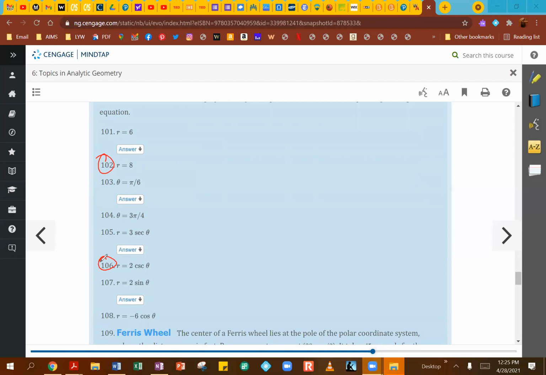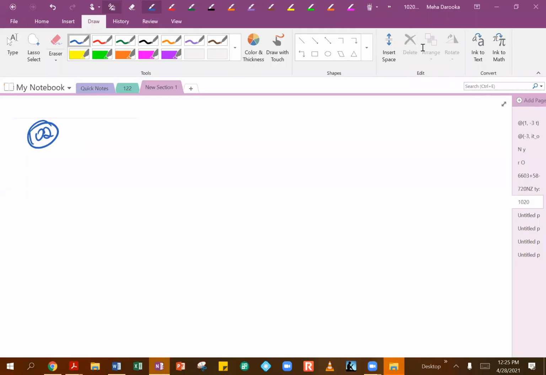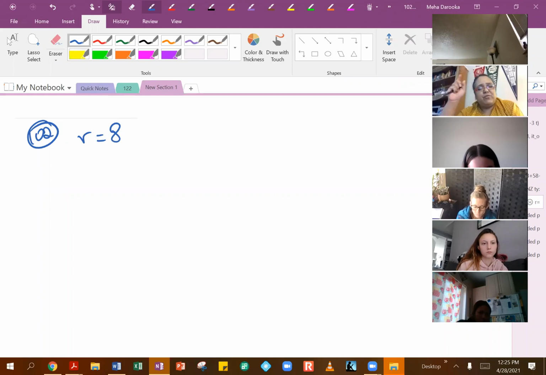So let's see how we can go about doing that. So 102 is r equals 8. So since we did the rectangular to polar, can you kind of tell me what's your first instinct of trying to convert this into a rectangular form? Rectangular equation, where would you start? What do you think we need to do here first?